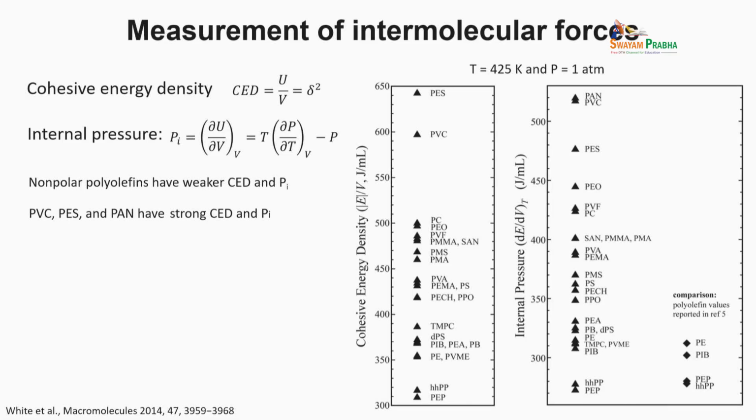So the plot that I'm showing here is kind of ranking polymers based on the cohesive energy density. So if you see here, the values actually range from 300 to 650 joules per centimeter cube, that's a unit.